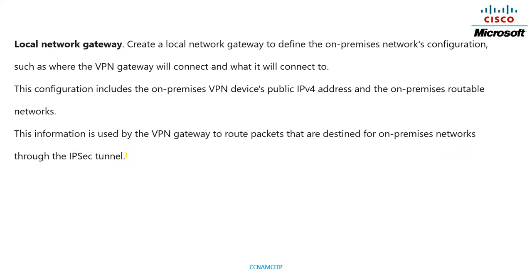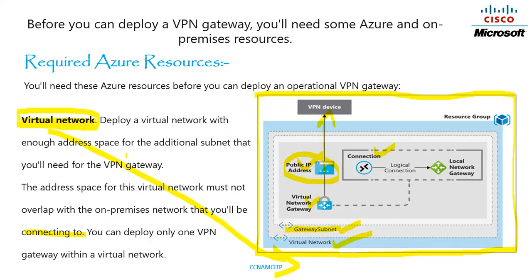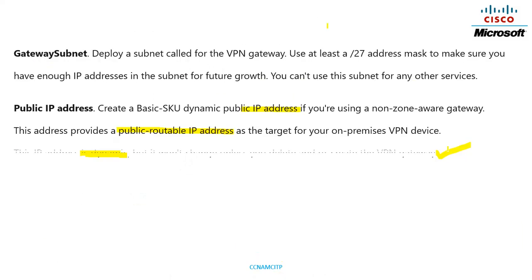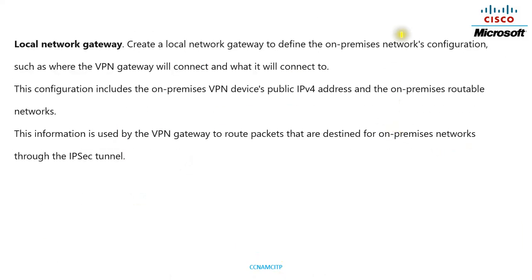Next one is the local network gateway. Let's see where it is in this picture. We are talking about the local network gateway. Create a local network gateway to define the on-premises network configuration, such as where the VPN gateway will connect and what it will connect to.